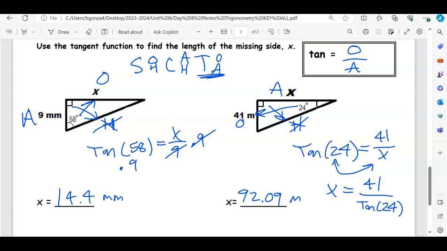So here's the last 2. Okay, this is the bottom 2 examples. You can write them down if you want. You can try them on your own, check your answers, it's up to you. But I'm going to pass out the assignment. So on the bottom 2, you labeled OHA, you crossed out H, because H is blank. That means it's TOA, tangent.